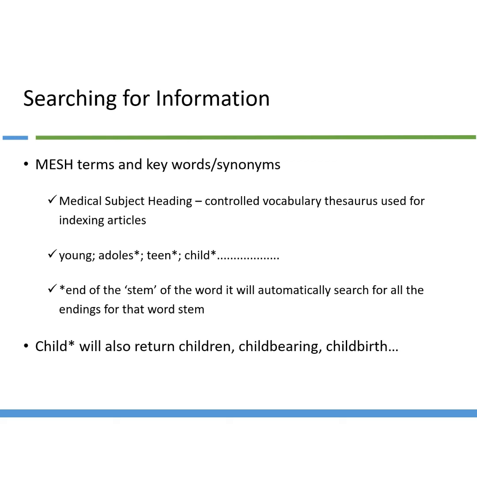Teen or teens, instead of writing teen and teens or teenagers, you just write teen and then a star. Child, children, so a star will be enough. The star at the end of the word stem will automatically search for all the endings for that word stem. So for example, child will also return children, childbearing, childbirth. So you have to keep that in mind. Do you want that or not? You should keep that in mind.